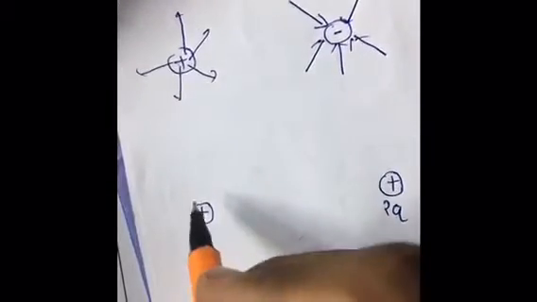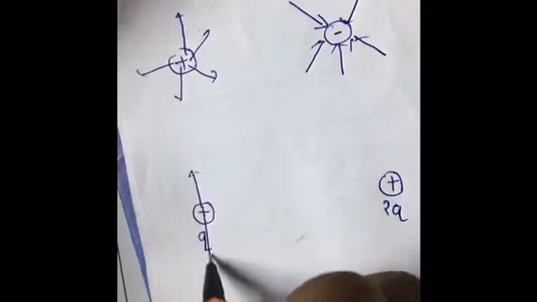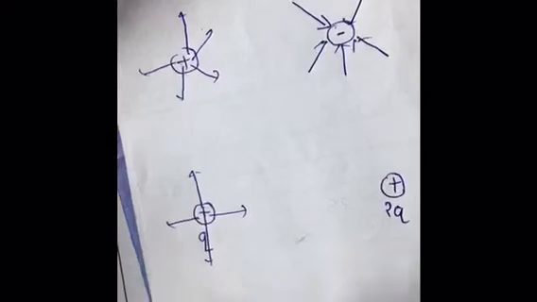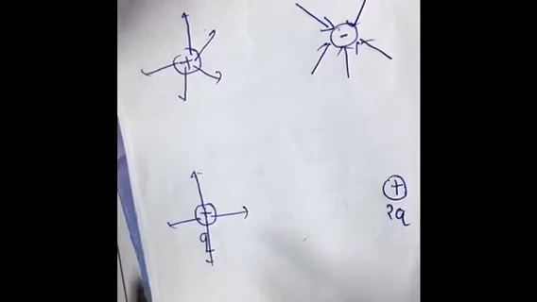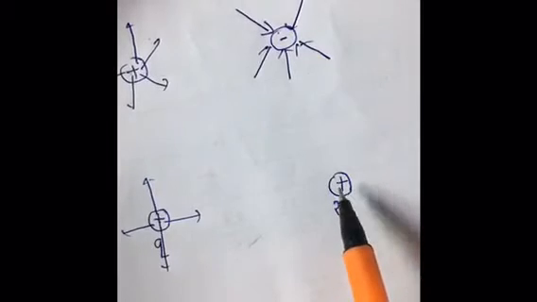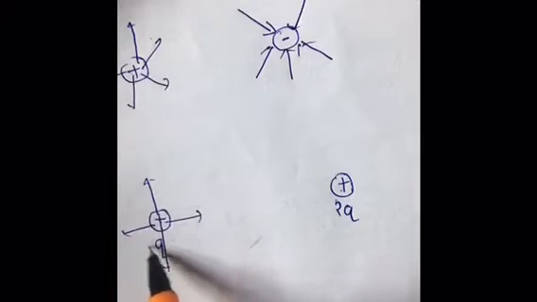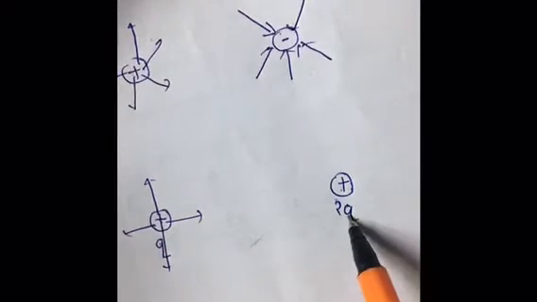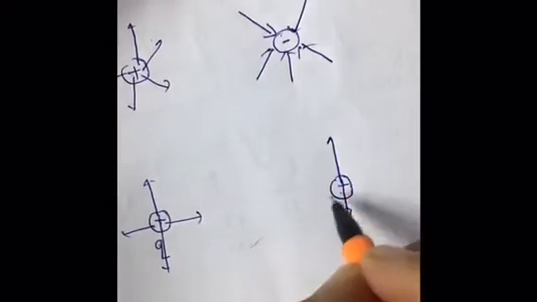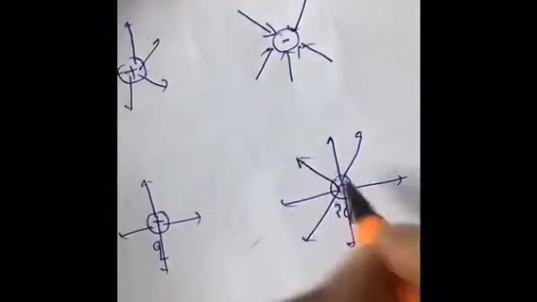Let us suppose that from this charge there are 4 electric field lines originating. Its magnitude is double, so if 4 electric field lines originate from charge q, then from charge 2q there will be 8 electric field lines. 1 2 3 4 5 6 7 8.